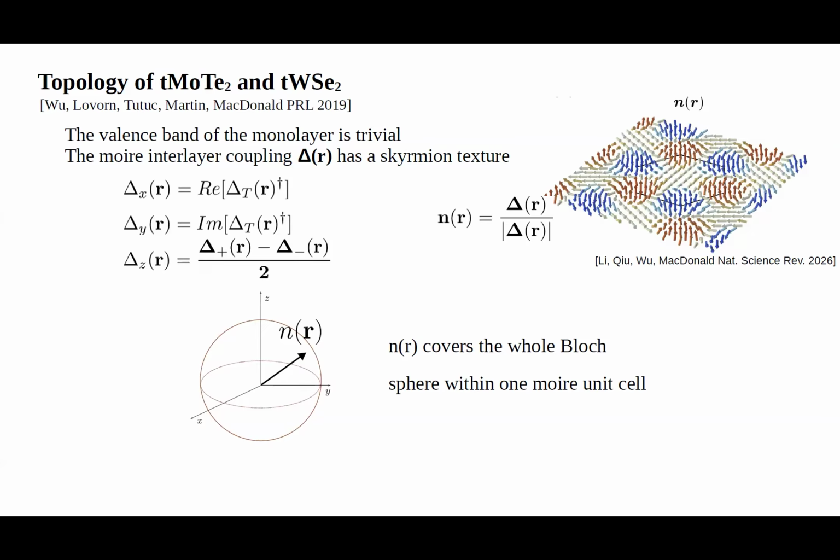So this is what it means to have a skyrmion number, and this is what makes it possible to have a Chern number in the bands. There were some numbers on the previous slide showing the topology of these bands. In many cases they are topological, but not in all cases. I think that's an important point to make: there are some regimes where the bands are topological and others where they are not.